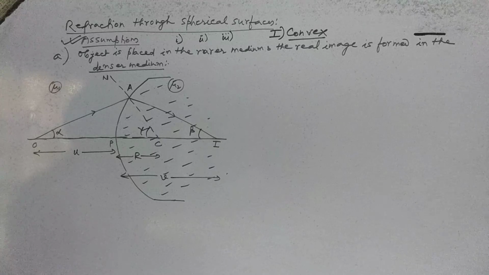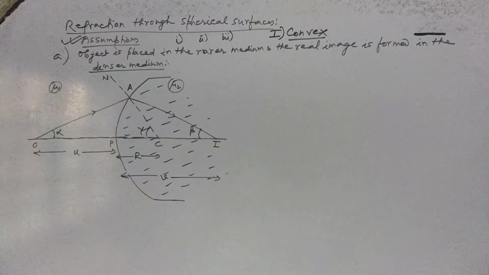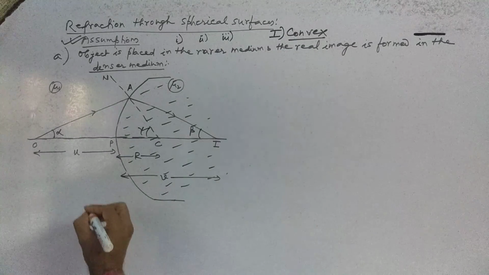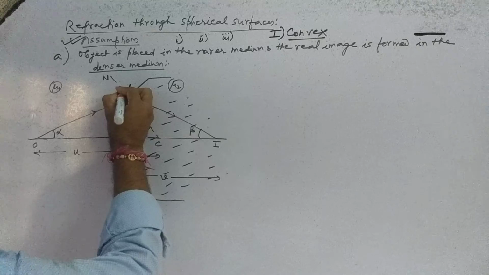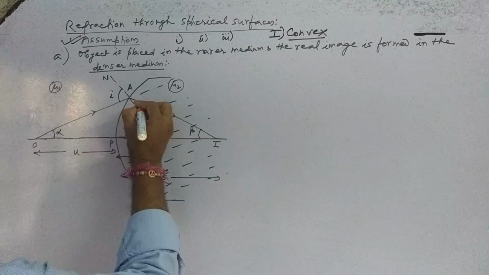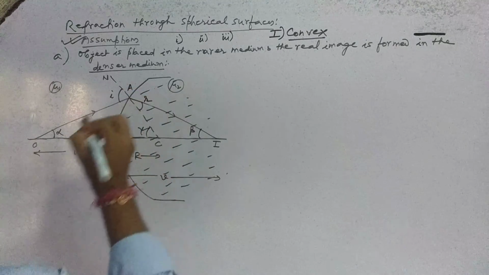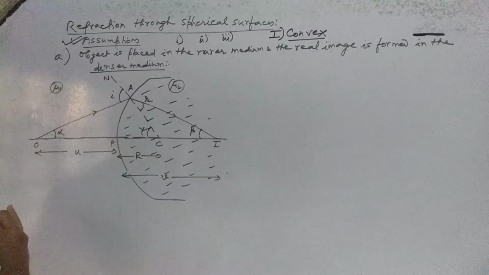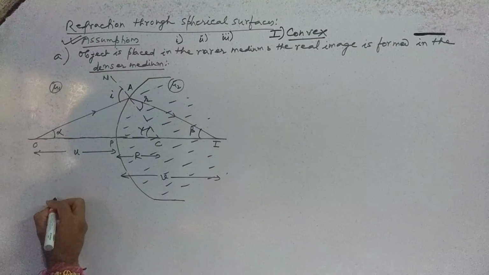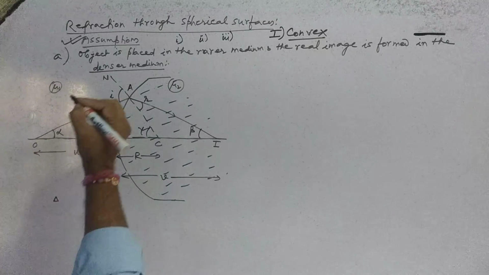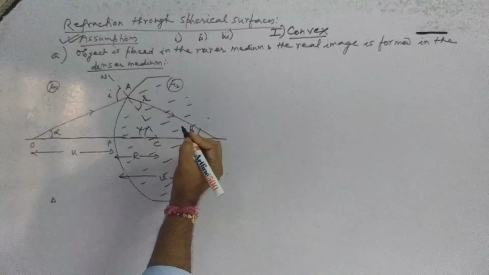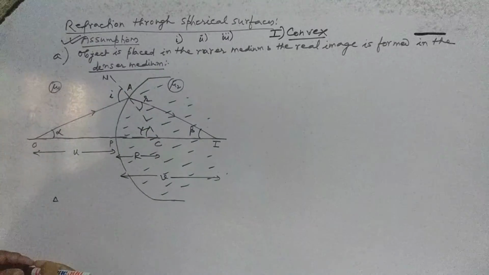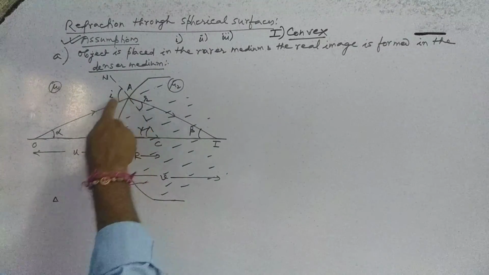Now we shall apply geometry. This angle will be i, this angle will be r, the angle of incidence and angle of refraction. Now take the triangle AOC.